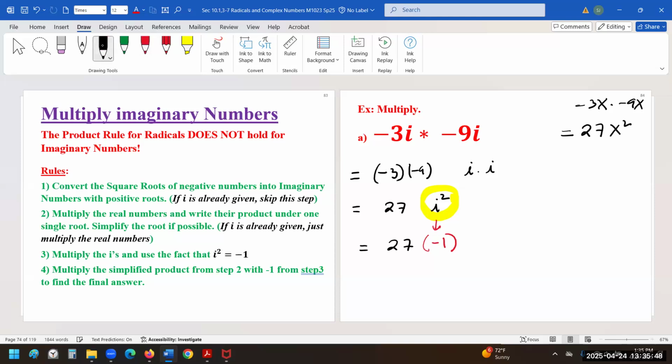So it's 27 times -1. So the answer is -27. So this is the difference between other variables versus I. When you have I squared, you must convert this into -1. But when you have x squared, y squared, z squared, a squared, b squared, c squared, you just leave them alone. But I squared cannot be left alone. Clear? Question?